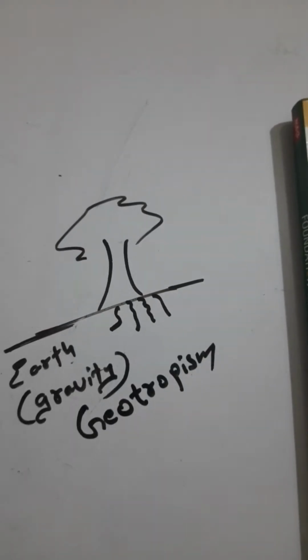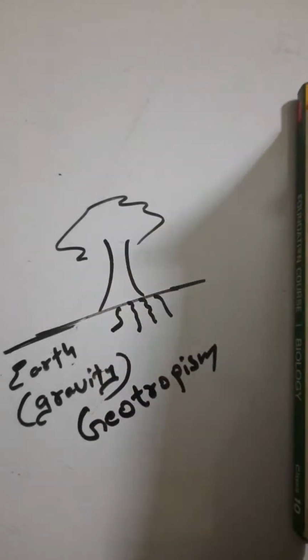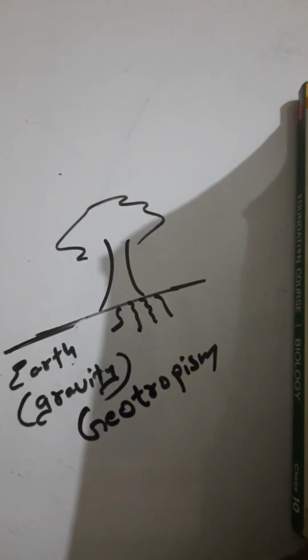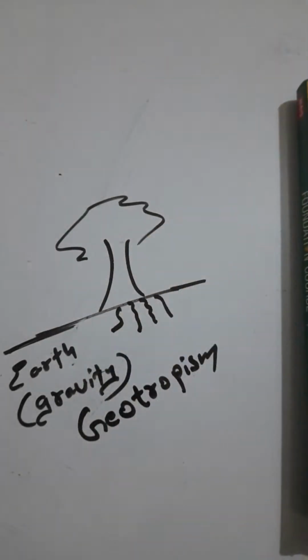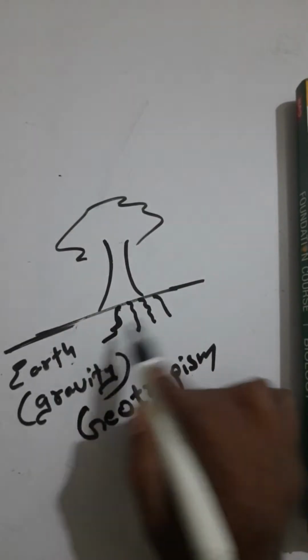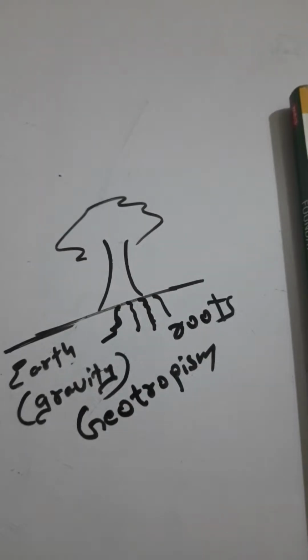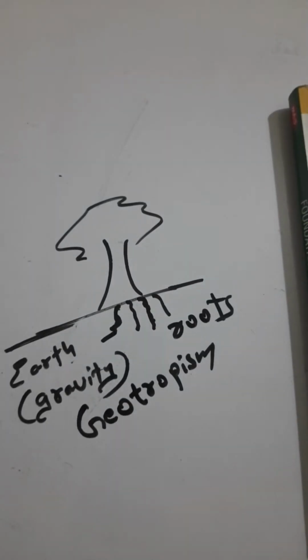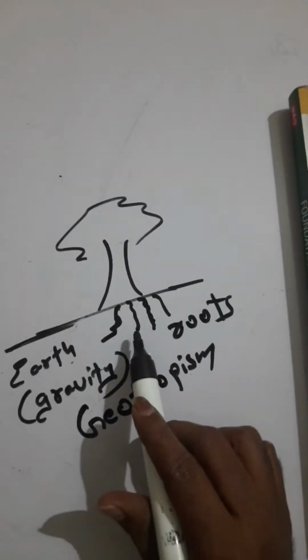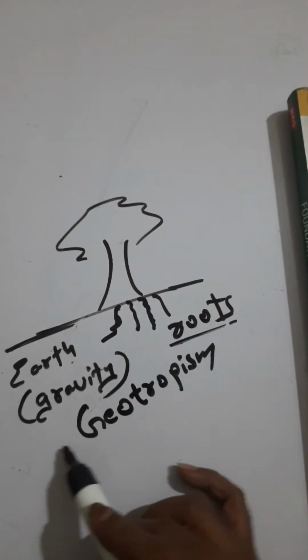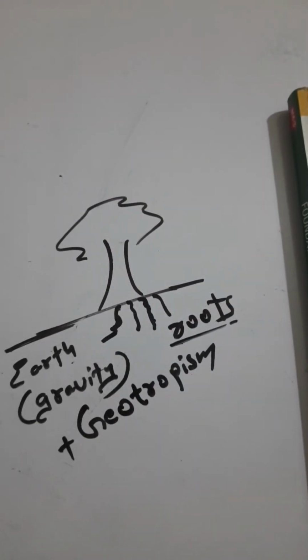The question is which part of the plant shows positive geotropism? The roots. Yes, the root is the part of the plant which shows positive geotropism.